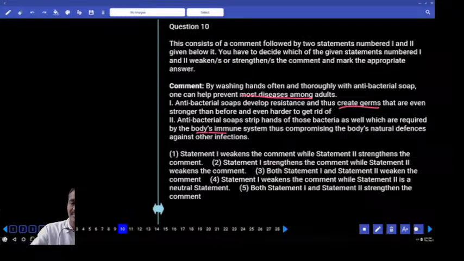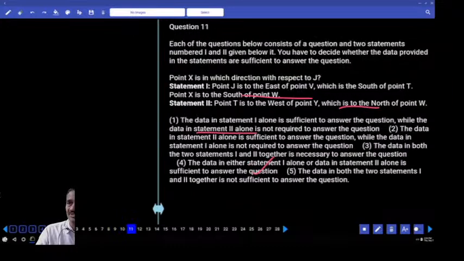Now, will they get rid of bacteria that is required for the body? No, they get rid of the bacteria which is not required for the body, which is problematic to the body. Hence, what is your answer here? Both these two are contradicting, and so both weaken. So choice 3, question number 10.